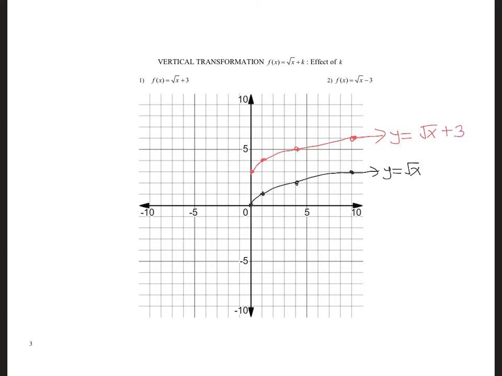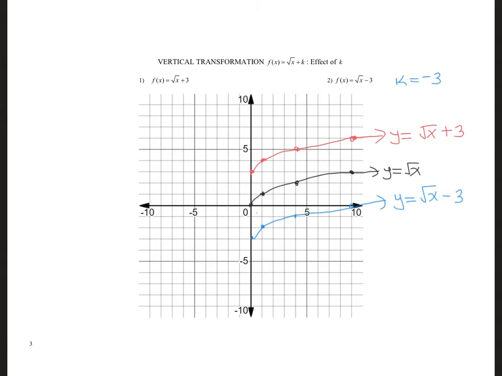And now I'm going to graph the next one. So k here is negative 3. So 1, 2, 3. And 1, 2, 3. And 1, 2, 3. So that's how the graph is going to look. y equals square root of x minus 3.